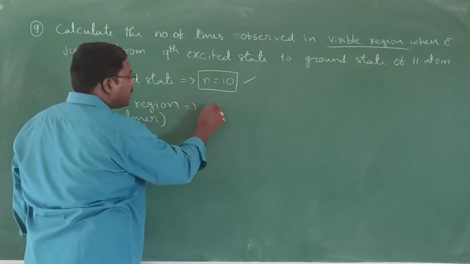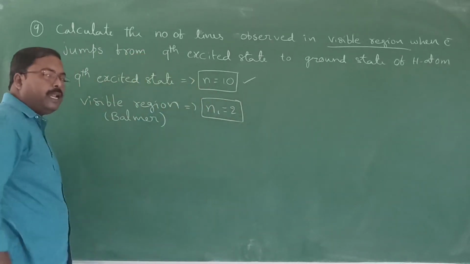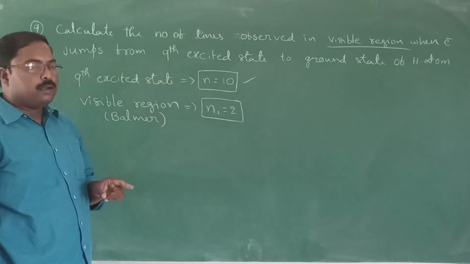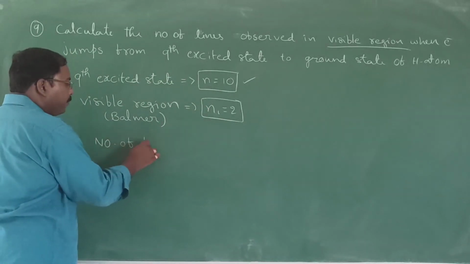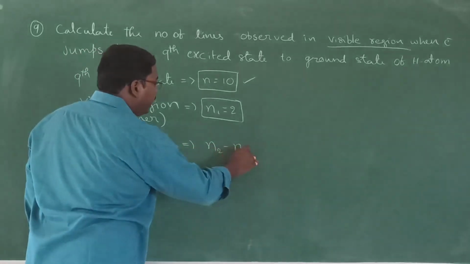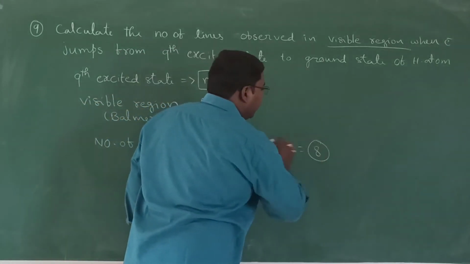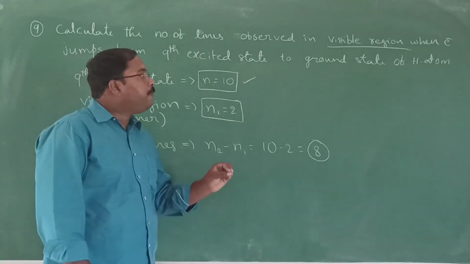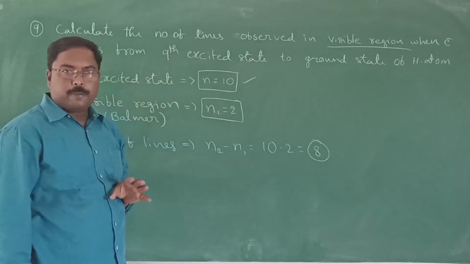So in this case, the electron is jumping from any higher level to second orbit. Now what about the number of lines? Our formula is same, n2 minus n1. So 10 minus 2. So the number of spectral lines observed in visible region when the electron is jumping from 9th excited state is 8.